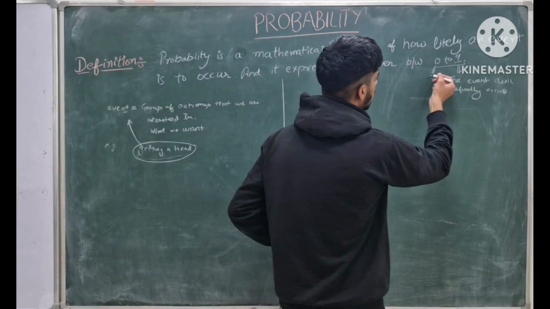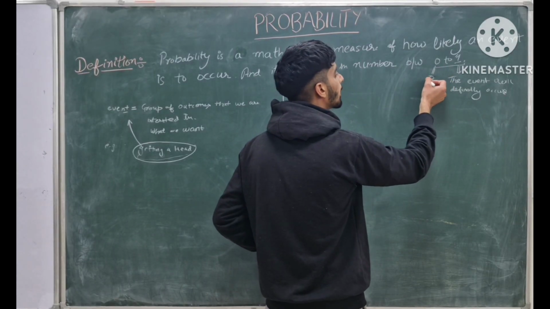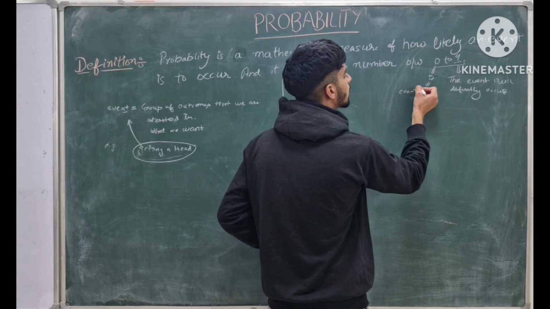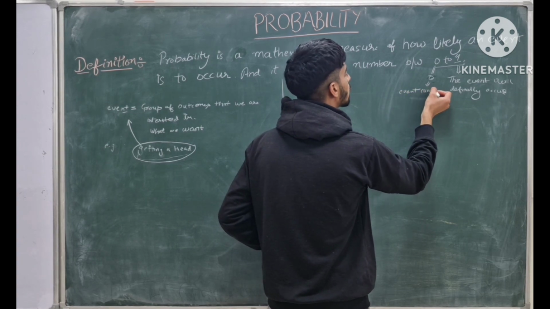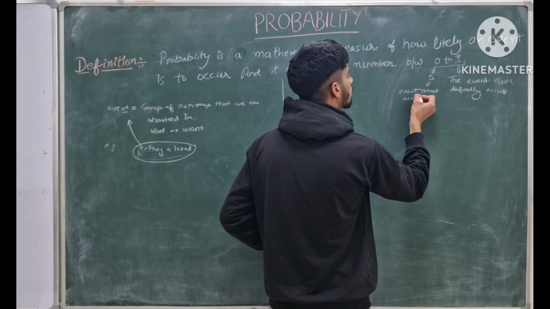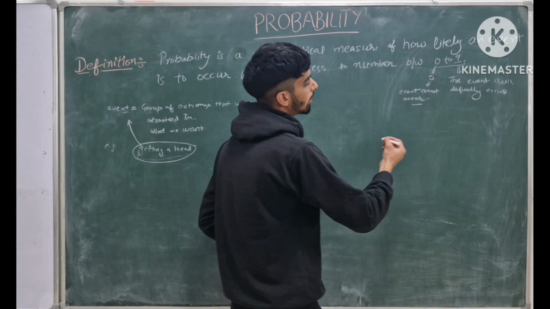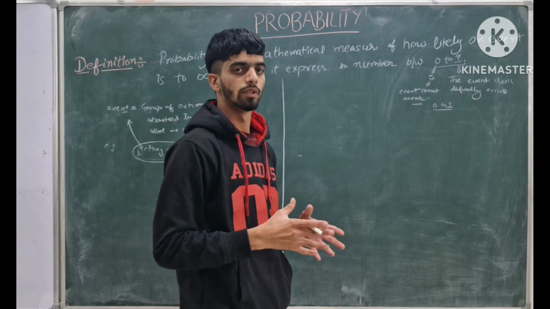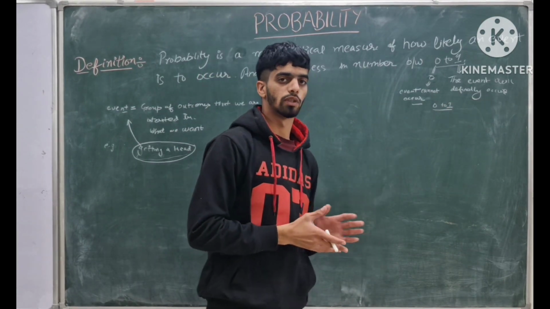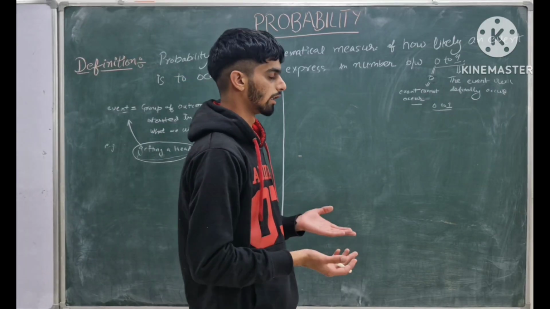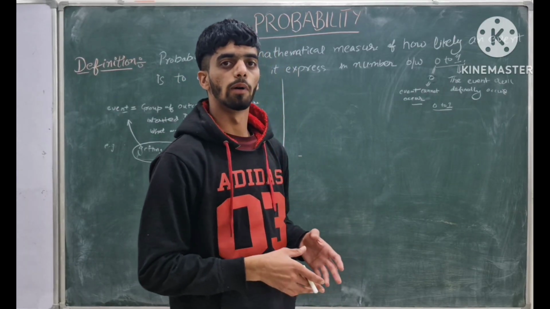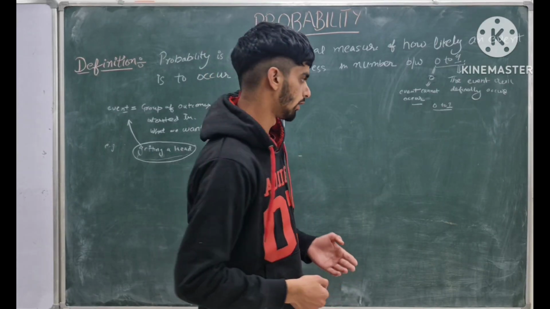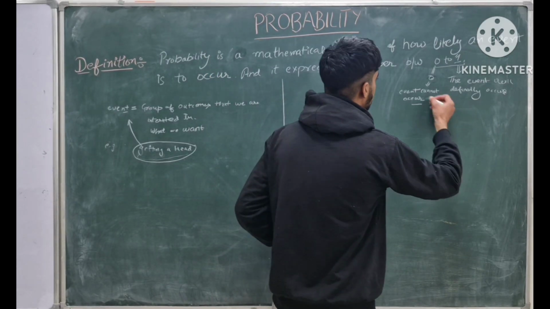And if our probability is 0, this means that the event cannot occur. And if our probability lies between 0 and 1, then we cannot be sure about anything. We can only say how probable that event is to occur.